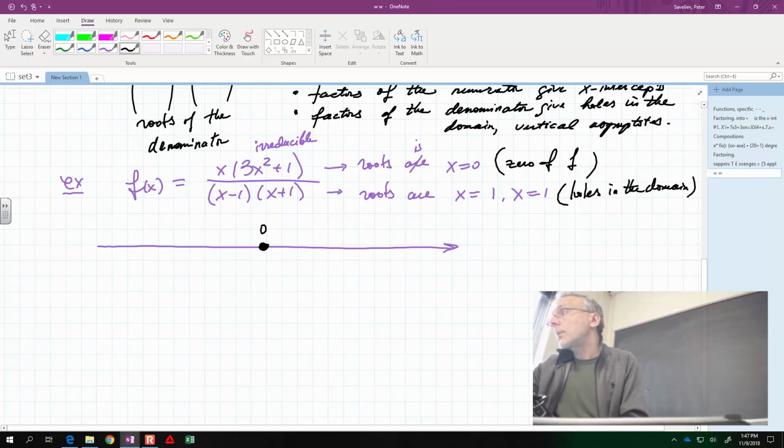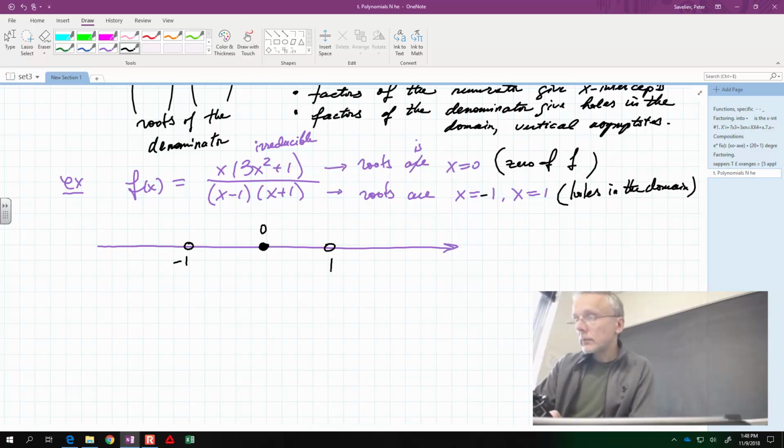So I will put them on the x-axis as empty holes like this. Negative 1 and 1.